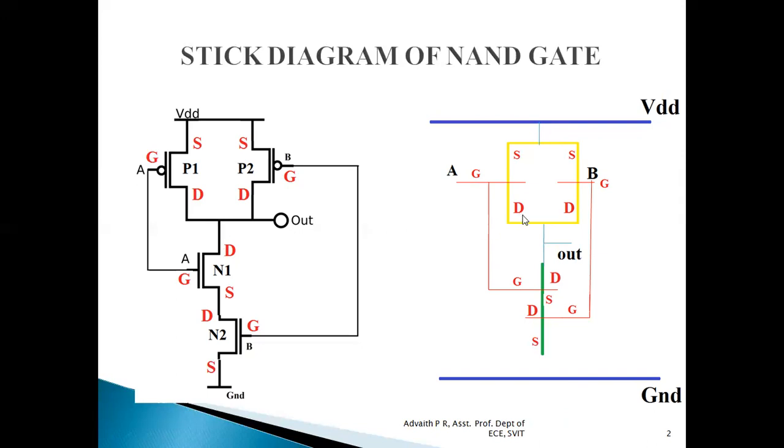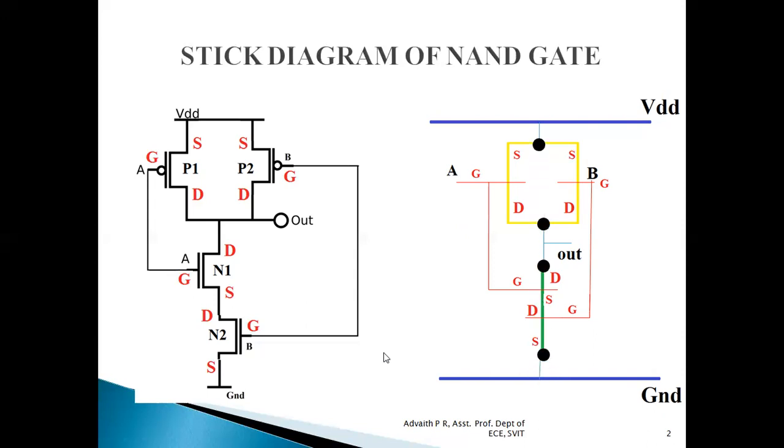The same thing is done here. Next, the source terminal of the N2 MOSFET is connected to ground by making use of a metal layer.